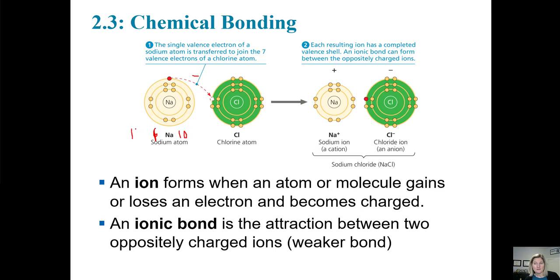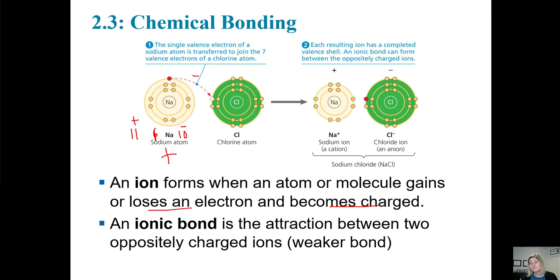It has 11, right? So if it has 11 protons and only 10 electrons, it's slightly positive. So it's going to want to lose an electron and become charged. So it's going to have a positive charge because there's a slightly positive nucleus there.